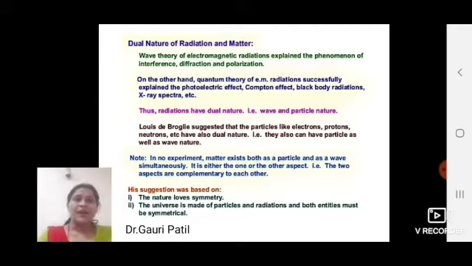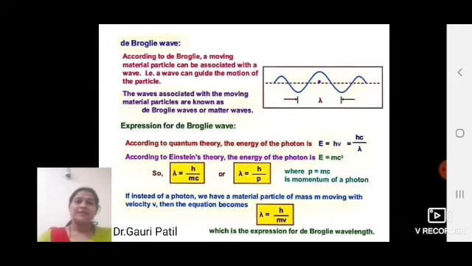Every radiation has a dual nature, wave and particle nature. This was suggested by de Broglie: particles like electron, proton and neutron have a dual nature and can have a particle as well as a wave nature.